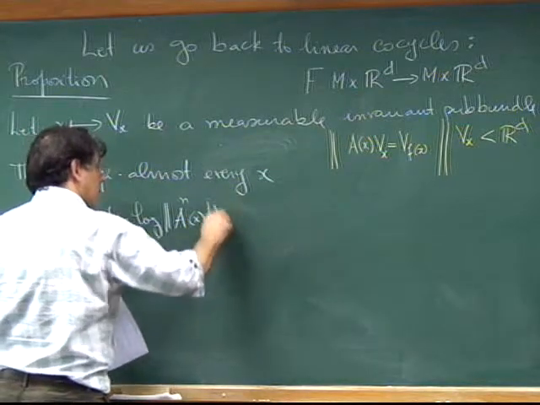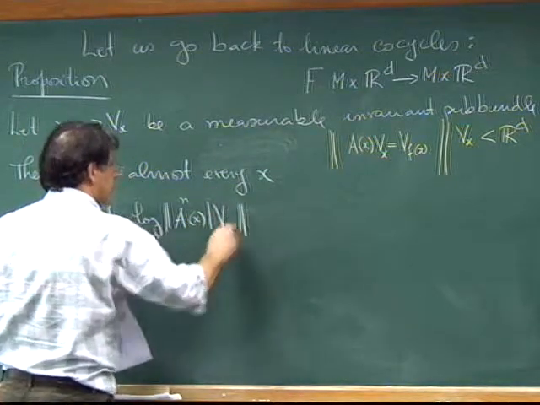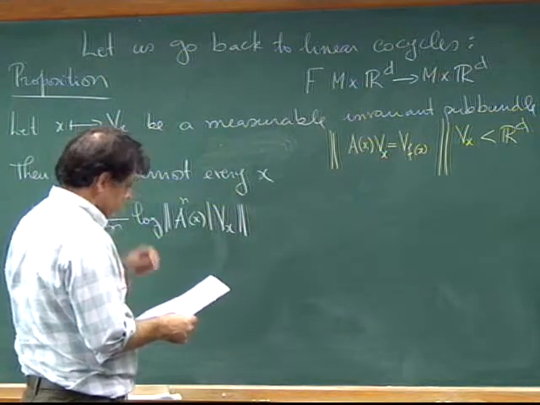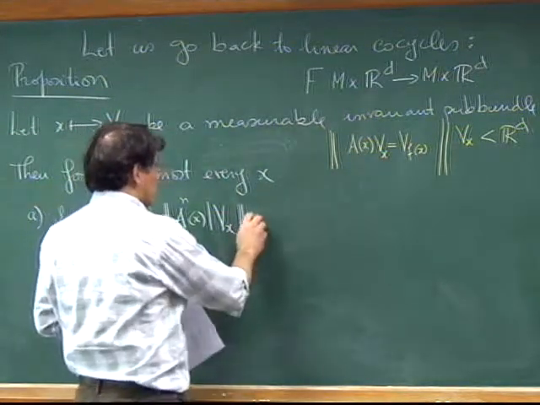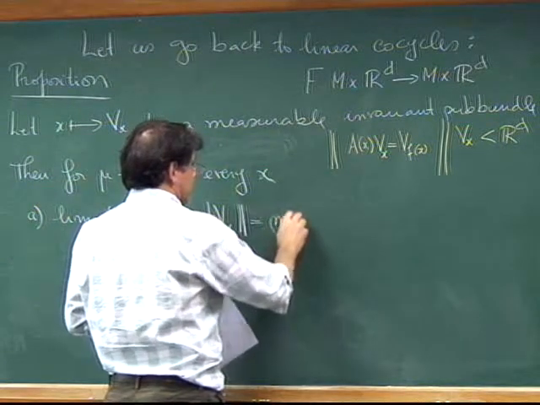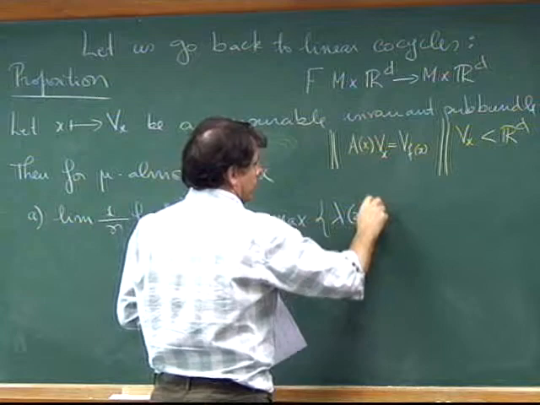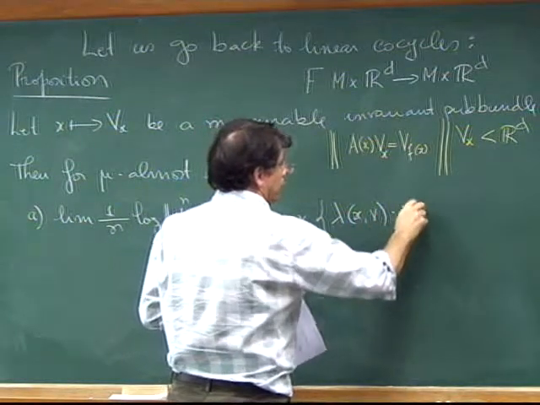An restricted to Vx is equal to the maximum of lambda x v, v in Vx.